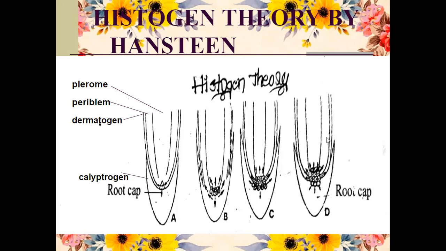The peribulum develops into the cortex of the root. And the fourth tier develops into plerome. Plerome develops into the stele of the root. The histogen theory, or Hanstein's theory, is applicable for all Tracheophyta plants, and it is accepted by all botanists.